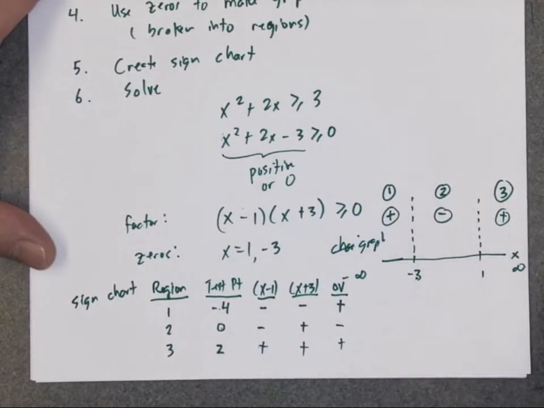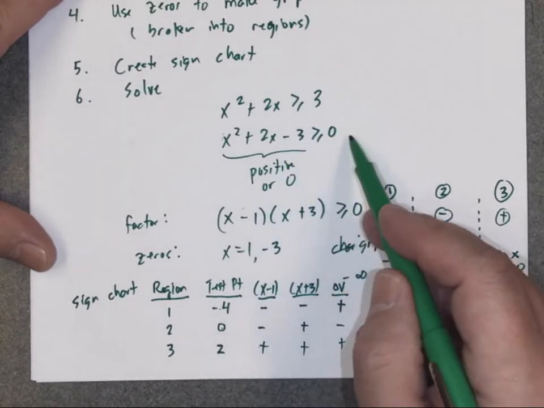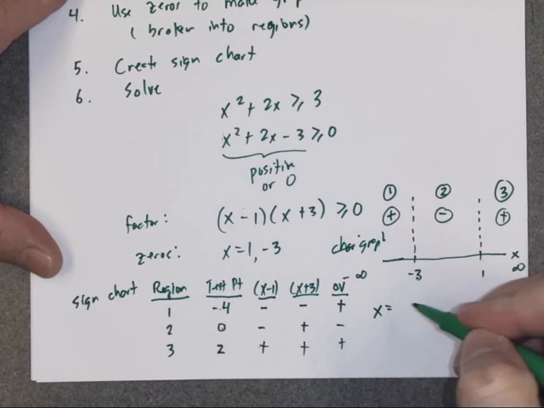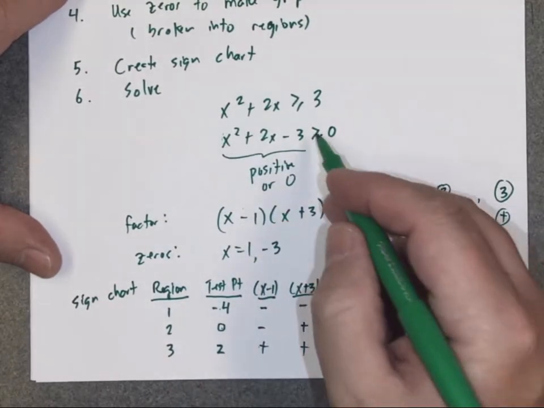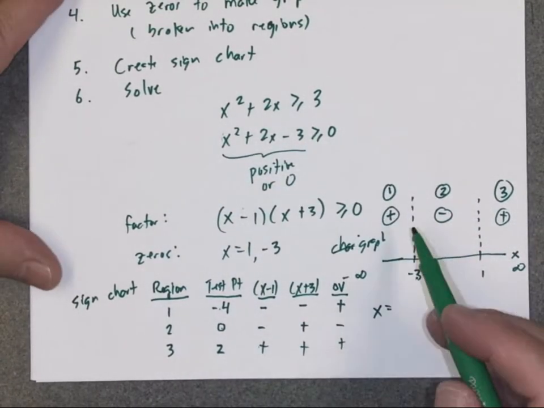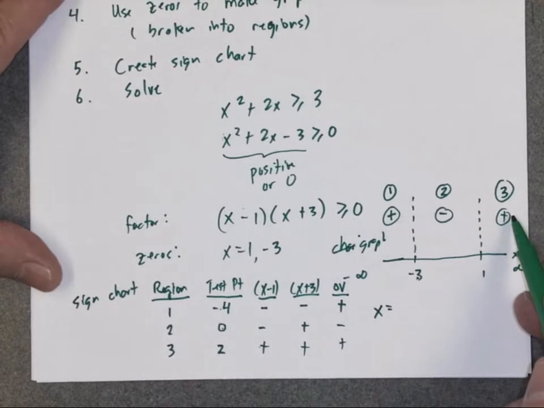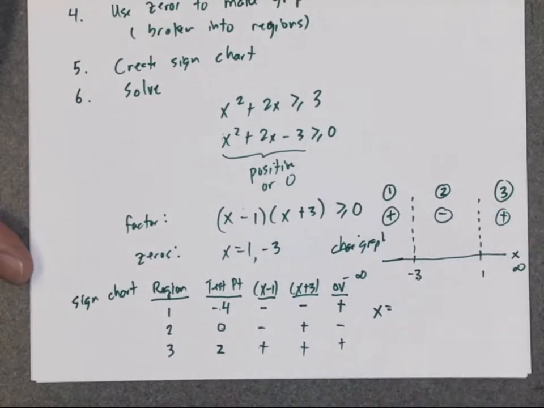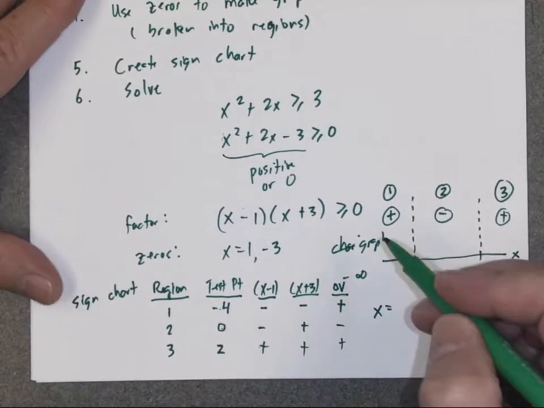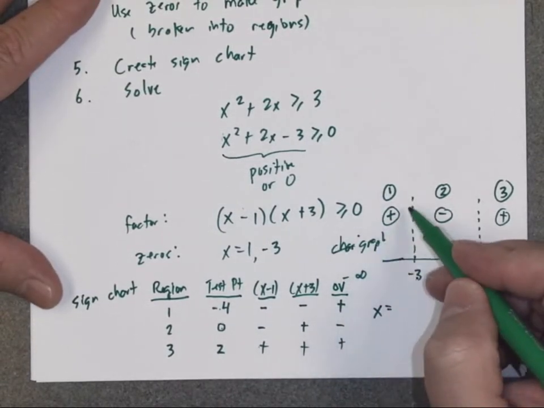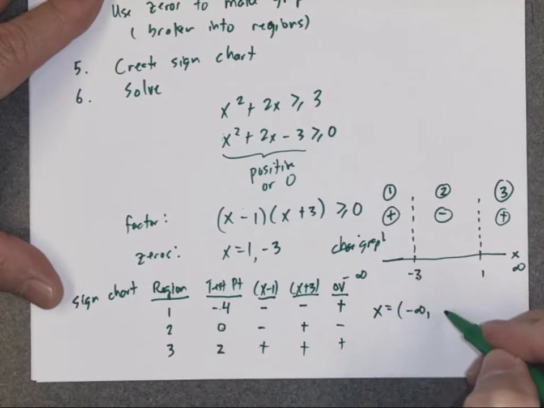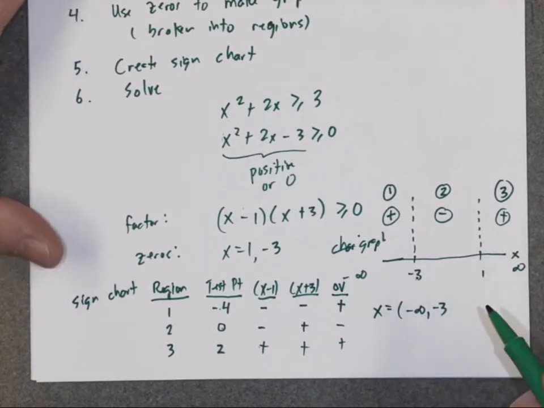So once I do the sign chart, I go back and confirm what I'm looking for, and then I'm pretty much done. So here's my solution. I'm looking for the positive regions. Turns out I have 2 regions that are positive. These are both going to be solutions. So how do I write that as an interval? Well, I'm going to write the interval for region 1, which starts at negative infinity and goes to negative 3.